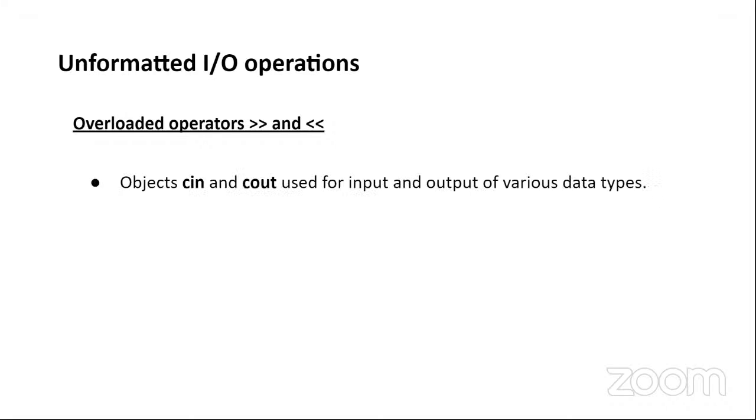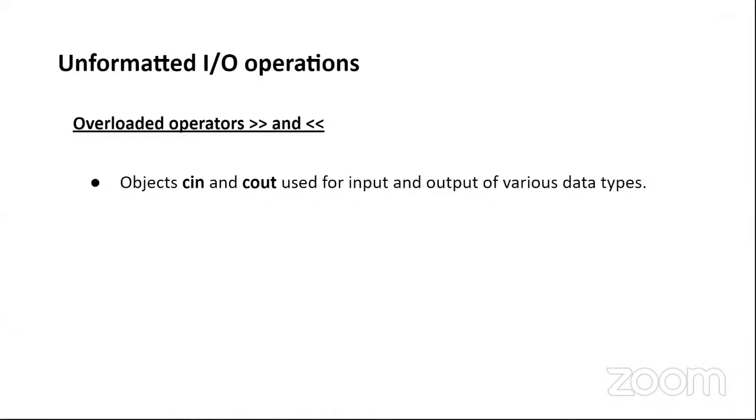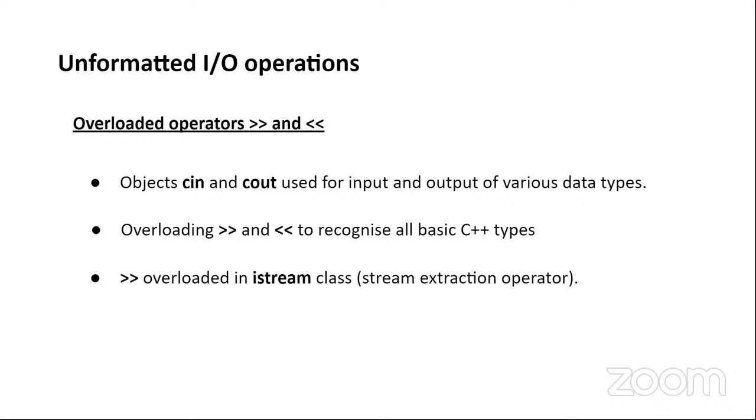You may be familiar with these objects cin and cout for input and output of various data types, but it is possible only because of overloading these right shift and left shift operators to recognize all the basic C++ data types.